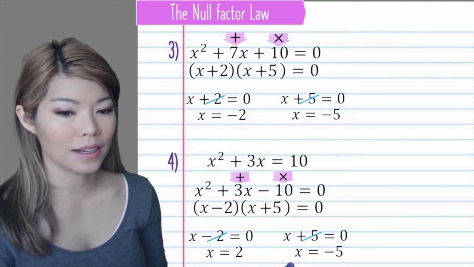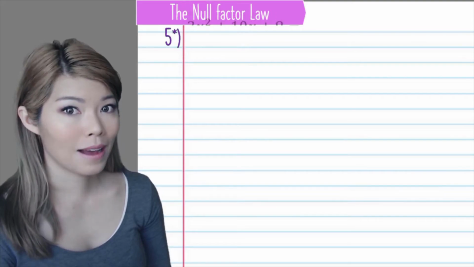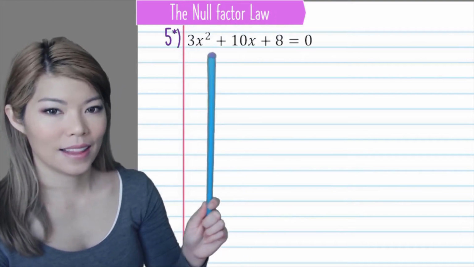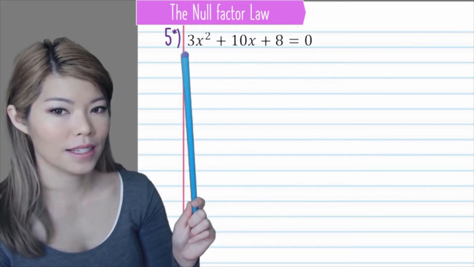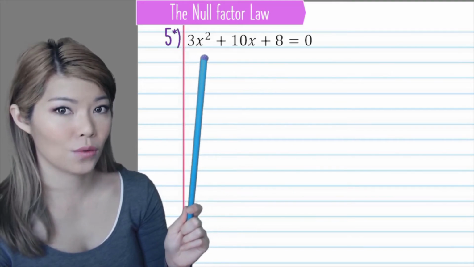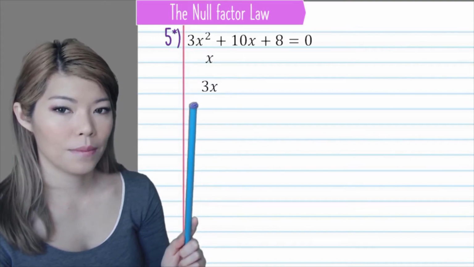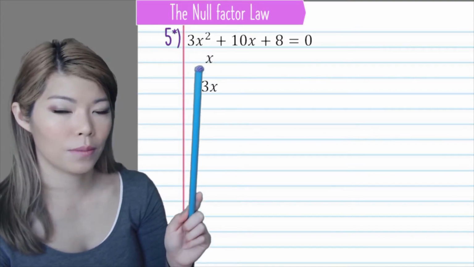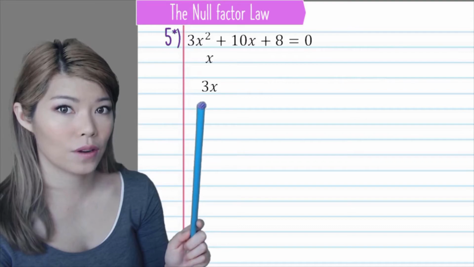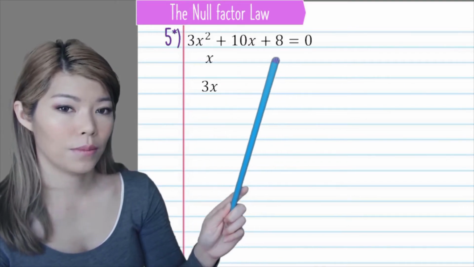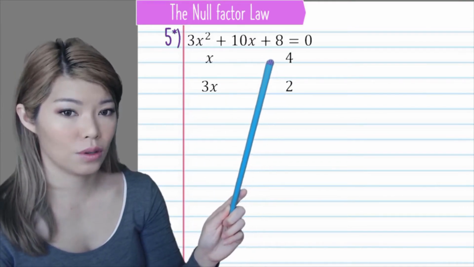Let's do a super hard question. In this question, we have to factorize, and we notice that the number in front of x squared is not 1. So we have to use the cross method. Two terms that multiply to give us 3x squared are x and 3x. And then we think of numbers that multiply to give us 8, could be 4 and 2.